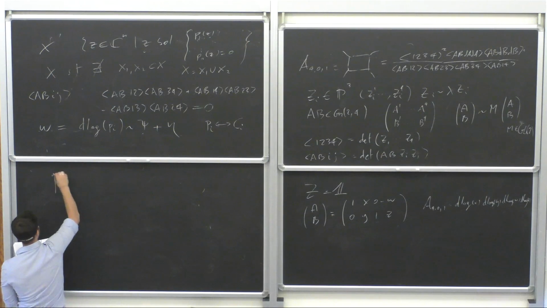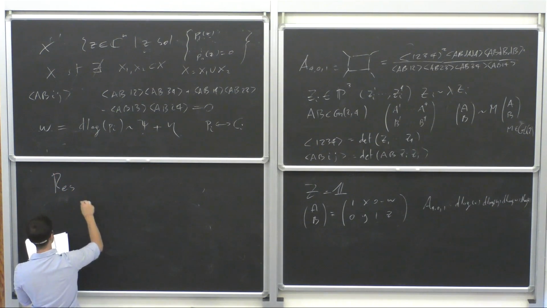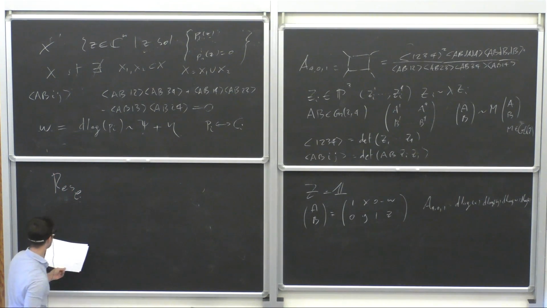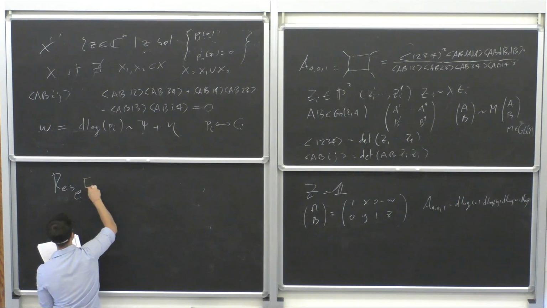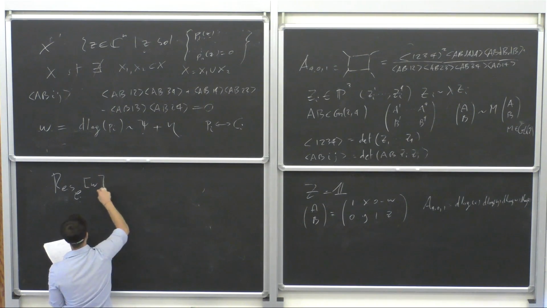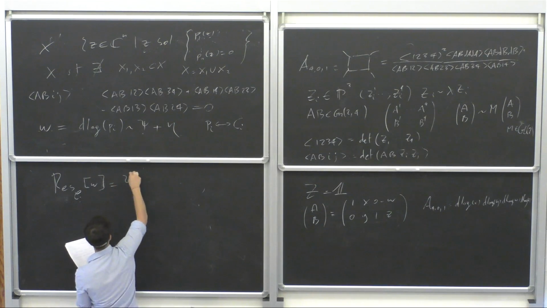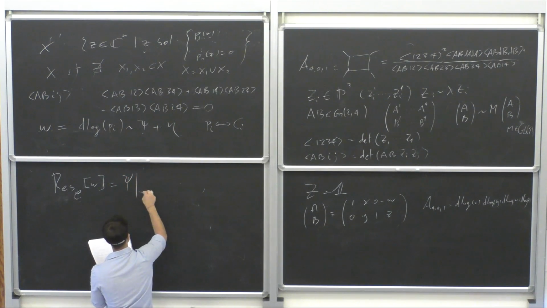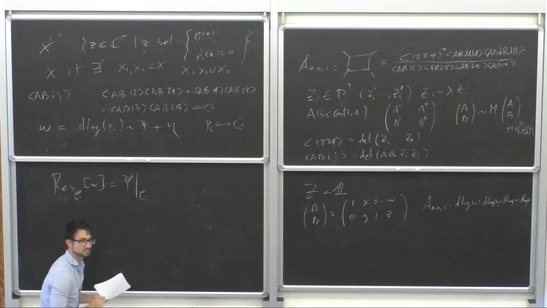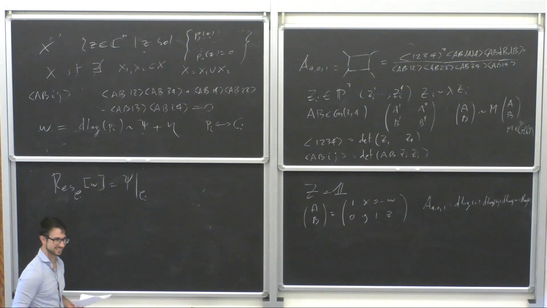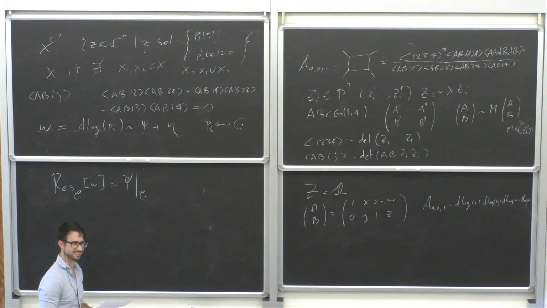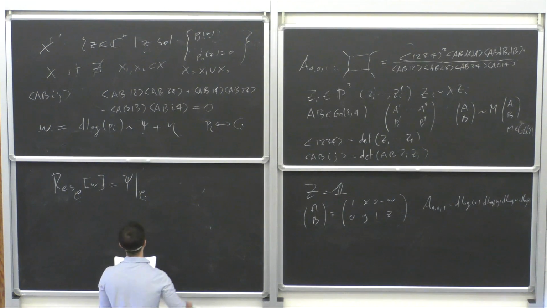So the residue on ci, that is when pi goes to 0, of the form omega will be equal to psi restricted on ci, as I actually learned from a paper of Inroot on residues and cuts.